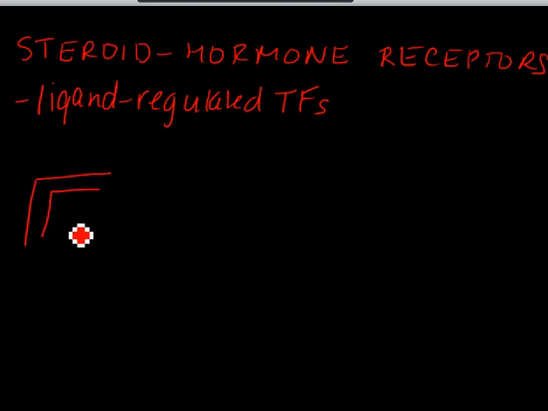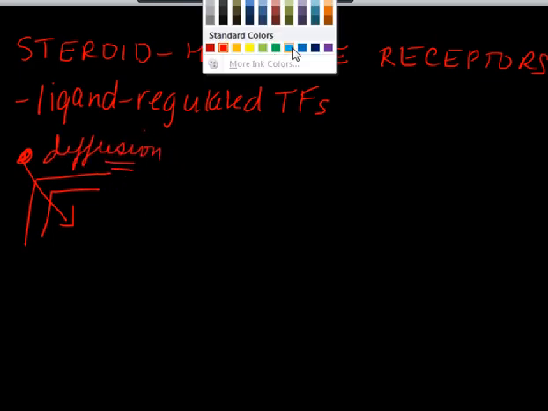So here's your plasma membrane. Here's your steroid. Steroid comes into the cell, and remember that their receptors are present in the cytoplasm. Steroid hormones diffuse across the plasma membrane and bind to their receptors, which are present in the cytoplasm. So this part is happening through diffusion. Let me use a different color.